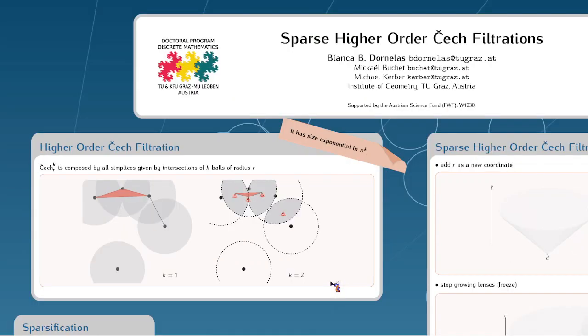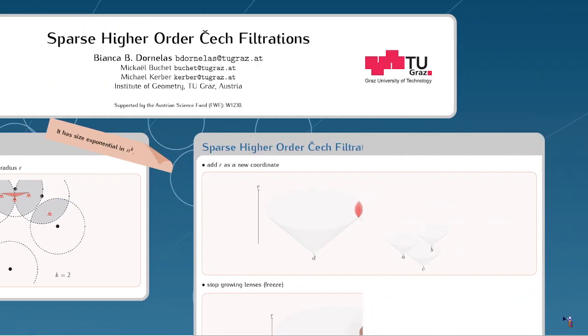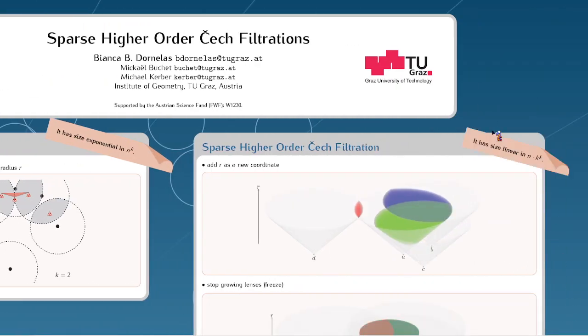Now, the way we use this k-distance to construct an approximate cover to the k-fold cover is the following. We can divide this construction in three main steps. The first step is to add the scale as a new coordinate. So that now, instead of looking at our configuration at each scale, we can look at it over all scales at once.